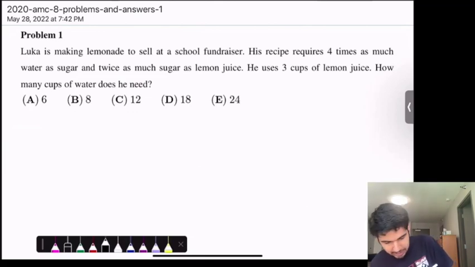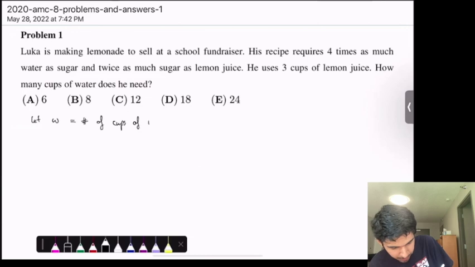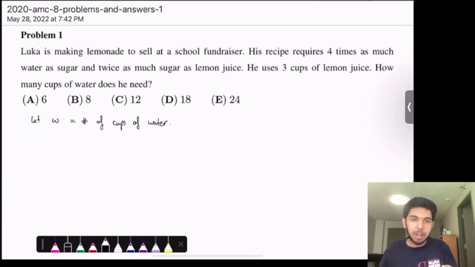So we'll let W be equal to the number of cups of water, because this is what we're looking for. If we can somehow create some equations and solve for this letter W, we'll solve the problem. I often like to look at this last sentence here and then create a variable based off of that.